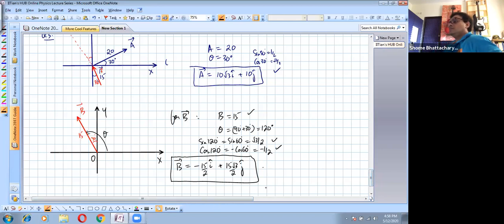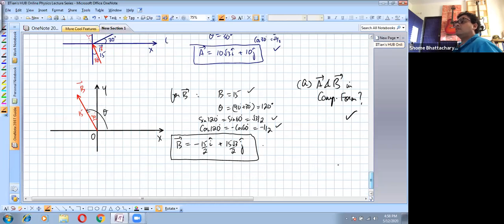Now once you've done this, this is the first part. We wanted to express A and B in component form. That's done.